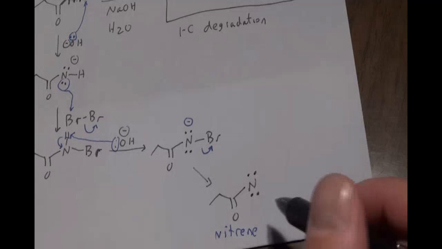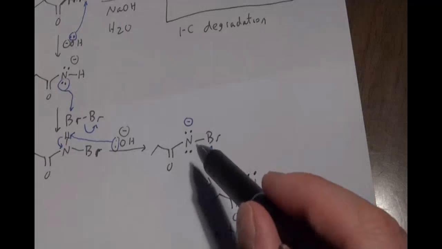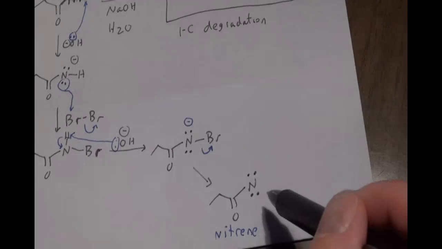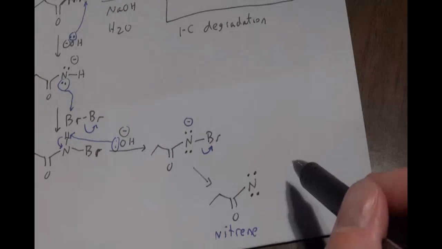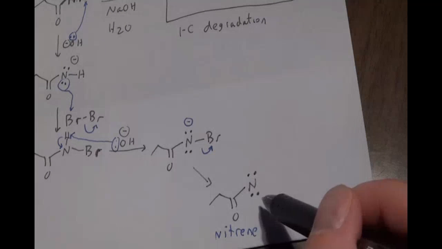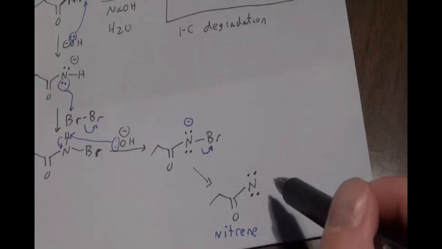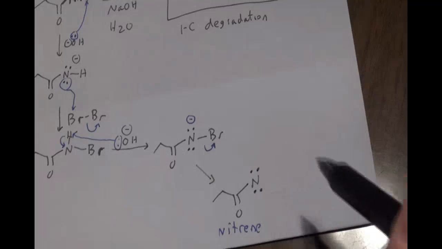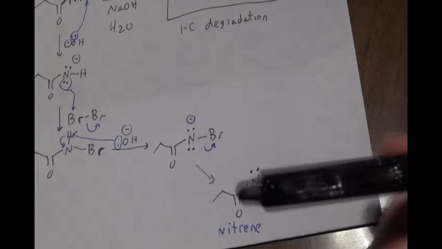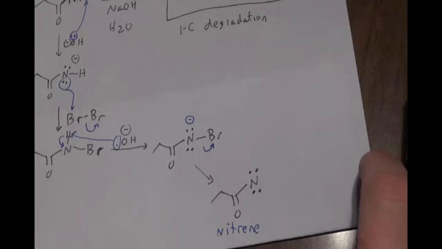Well, it shouldn't be, because we had a negatively charged nitrogen, the leaving group went away, and now you have a nitrene, with the nitrogen and the two lone pairs. So what is going to happen next? It gets a little weird. This is maybe one of the weirder steps in the mechanism.